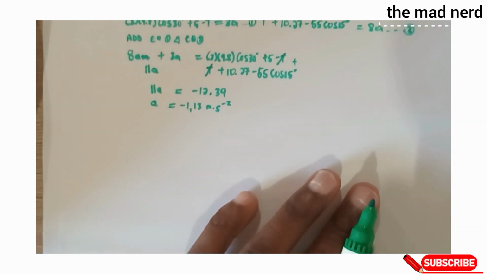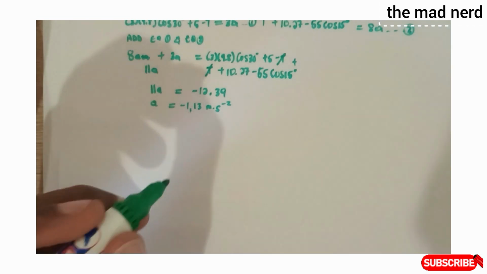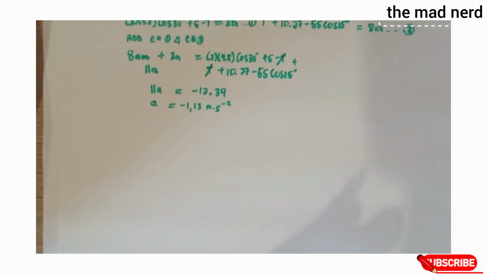But what I want you to observe over here is that the system goes to the right, and we took the left side as positive. That's why we have a negative acceleration, because the system is going to the right whereas we took the left side as positive.